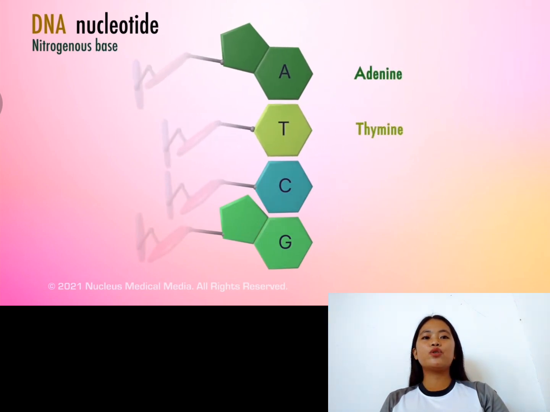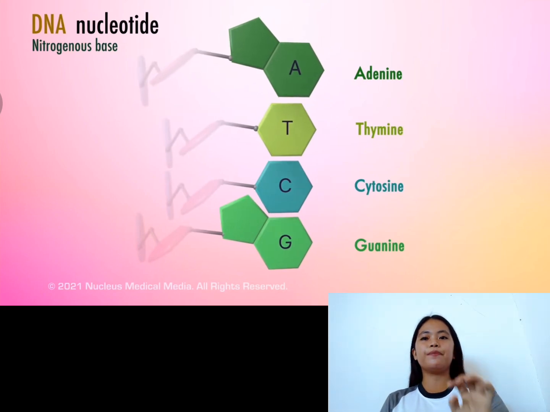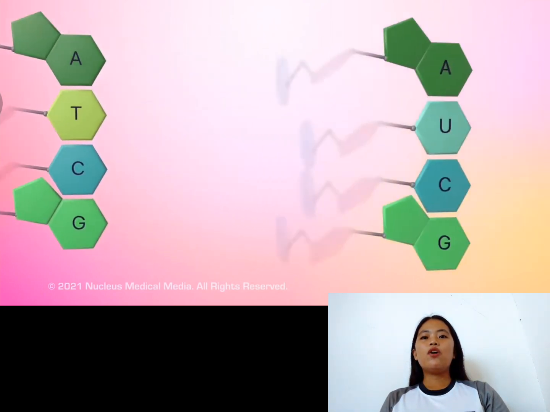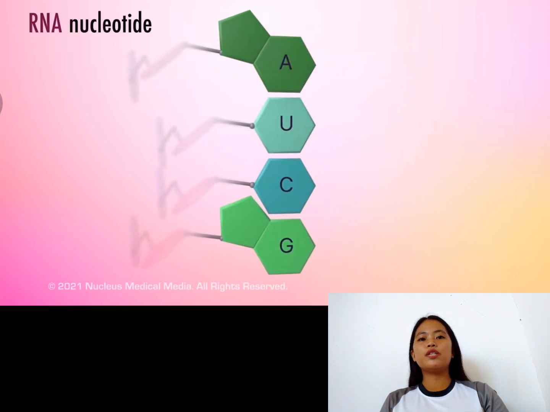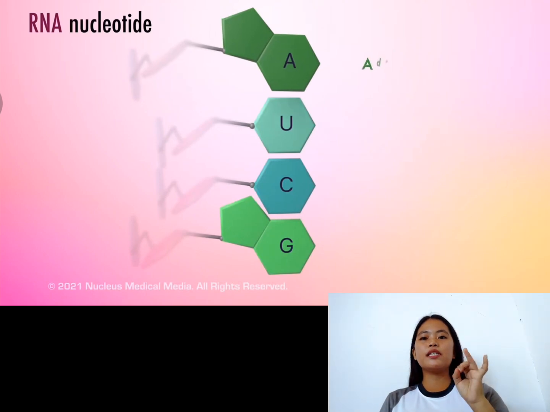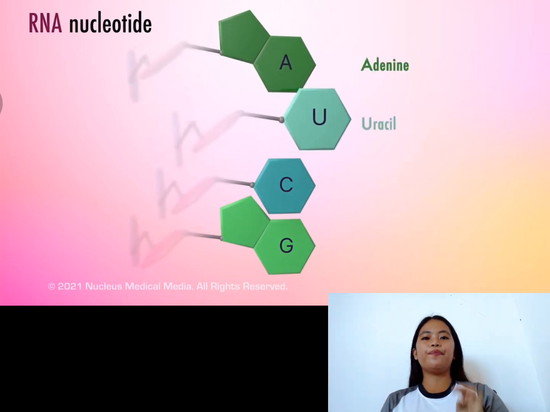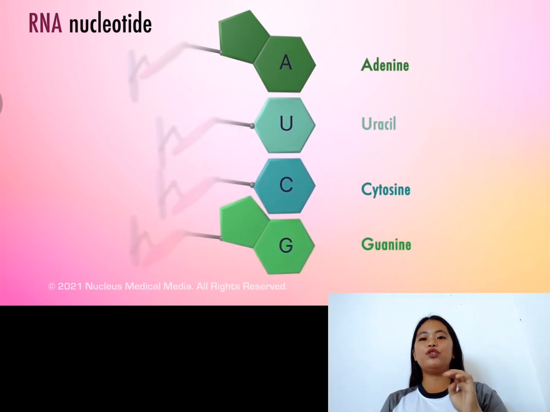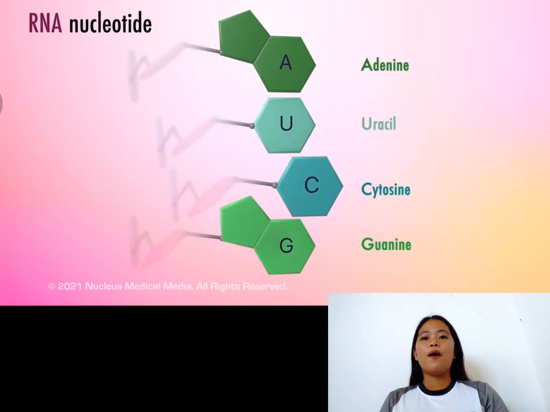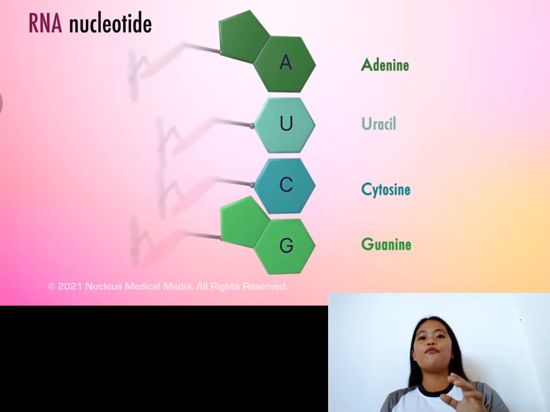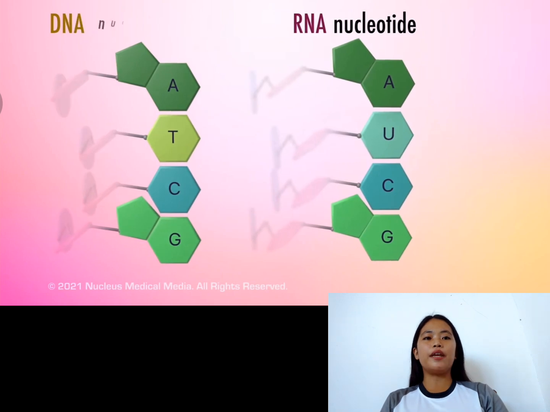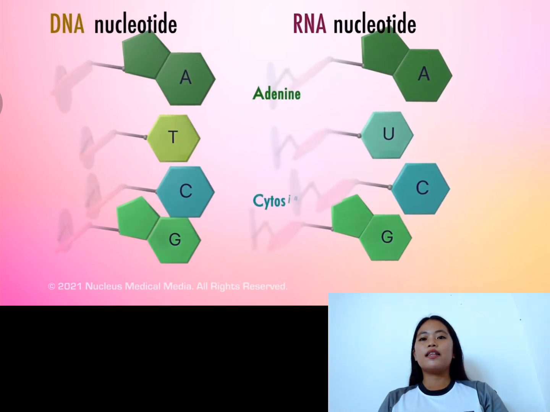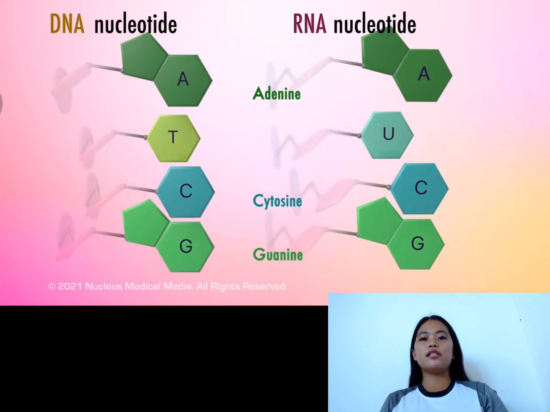These bases are usually abbreviated as A, T, C, and G. Similarly, the nucleotides in RNA also contain 4 nitrogenous bases: adenine, uracil, cytosine, or guanine. They are abbreviated as A, U, C, G. Notice that both DNA and RNA have adenine, cytosine, and guanine, but only DNA has thymine, and only RNA has uracil.